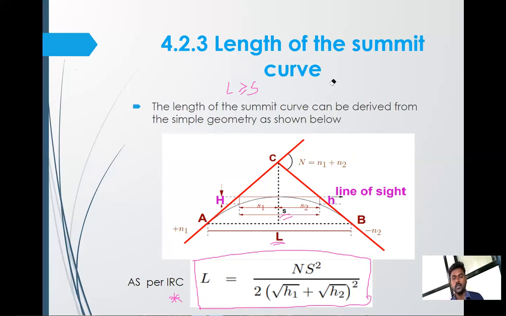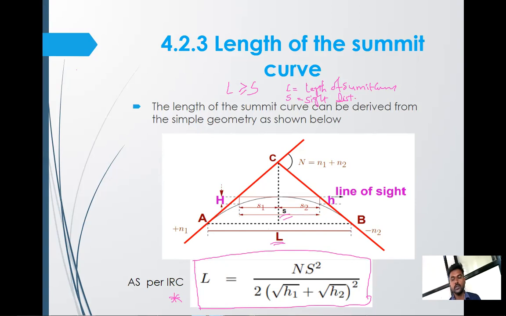In this, the first condition, case 1: L is greater than S, where L is the length of summit curve and S is the sight distance.